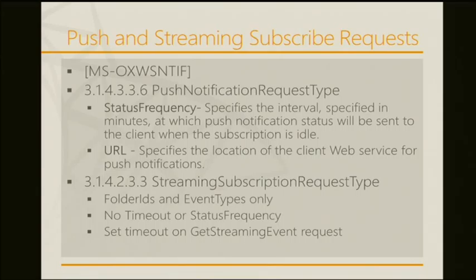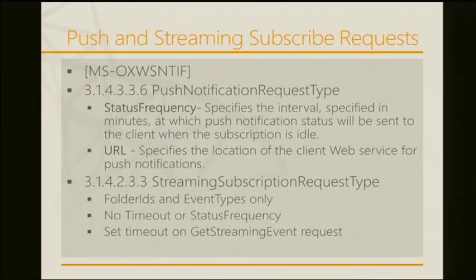Exchange will send a simple status event on whatever interval you supply, and if you don't reply in kind, it will remove the subscription and move on. The URL is the URL it should contact you back on. This is problematic if you're just an app server behind a firewall in an enterprise environment, or just a client on somebody's PC that could be anywhere. It's hard to know what URL to tell Exchange to get back to you on.